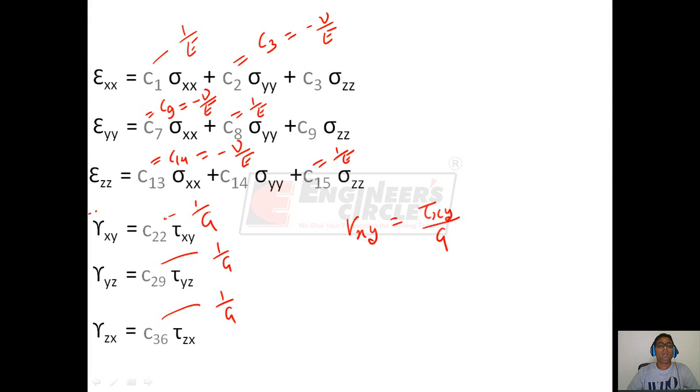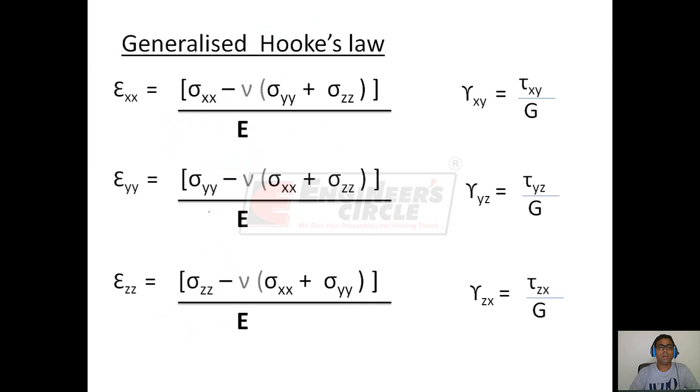Therefore, the stress-strain relationship for a linearly elastic isotropic material model, that is Hooke's law, can be written in this manner, where epsilon xx is sigma xx minus nu times sigma yy plus sigma zz, by E. And like this, we can also write for epsilon yy and epsilon zz.